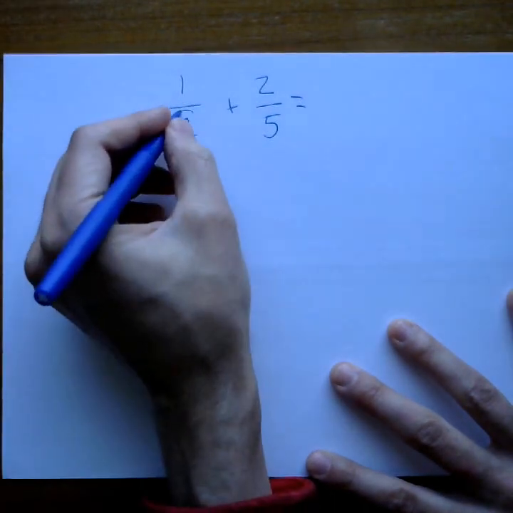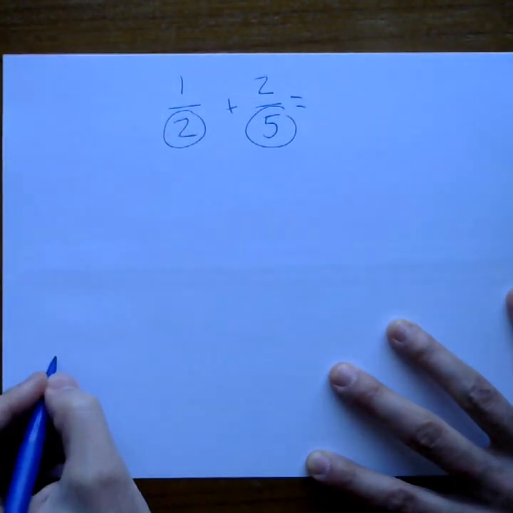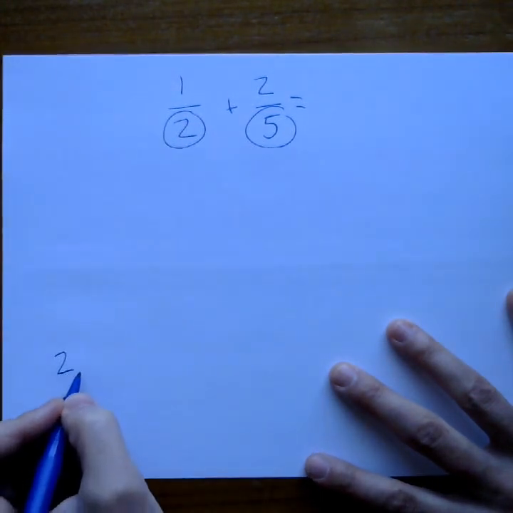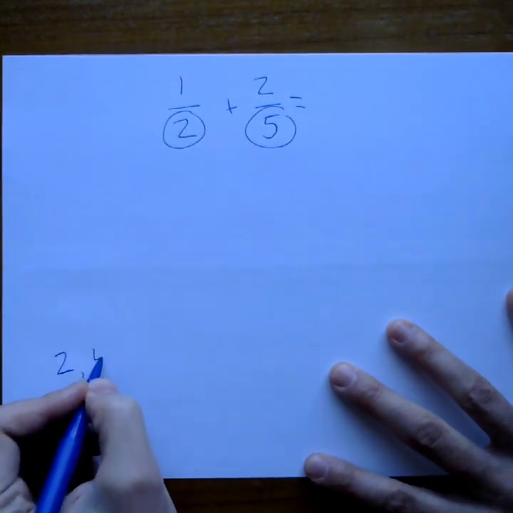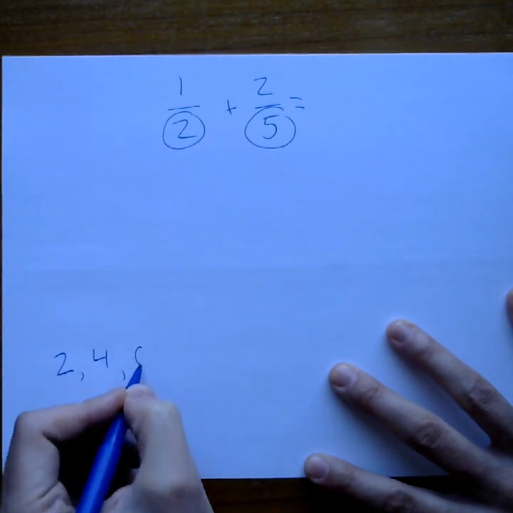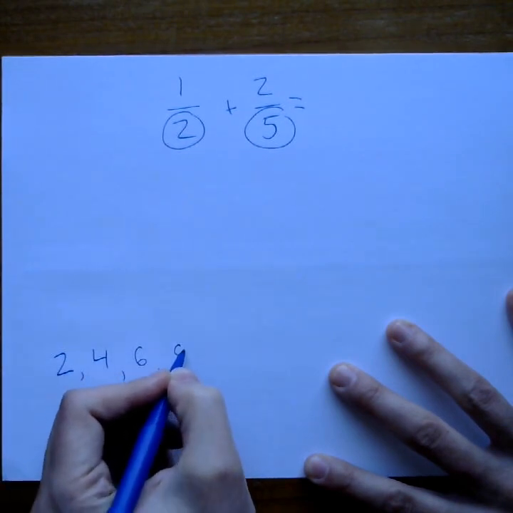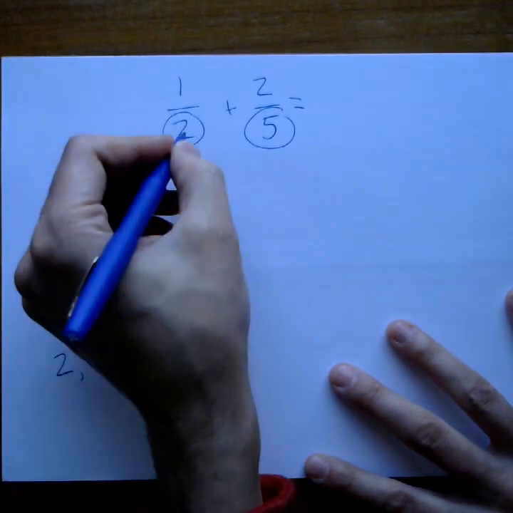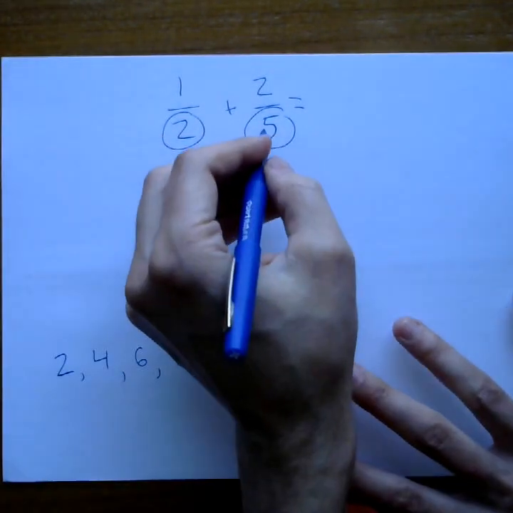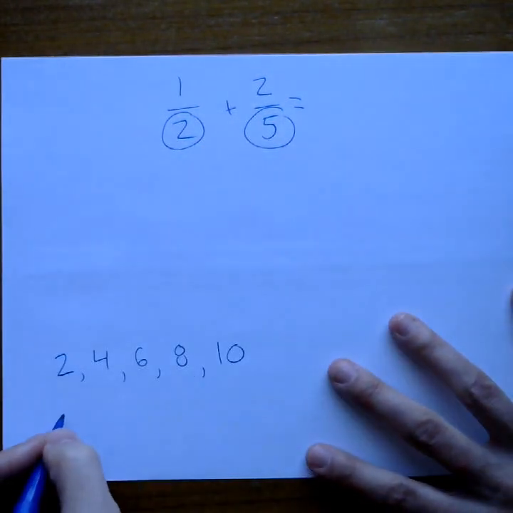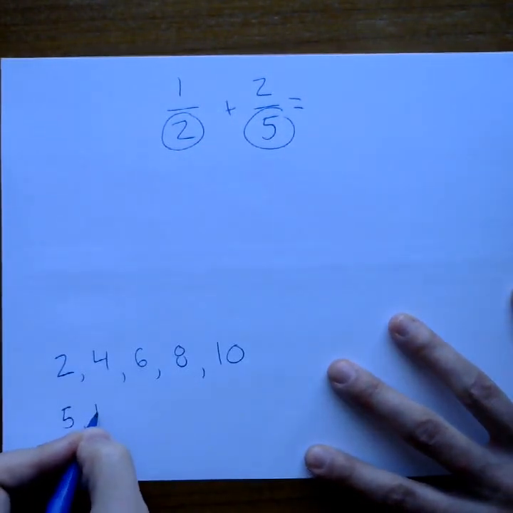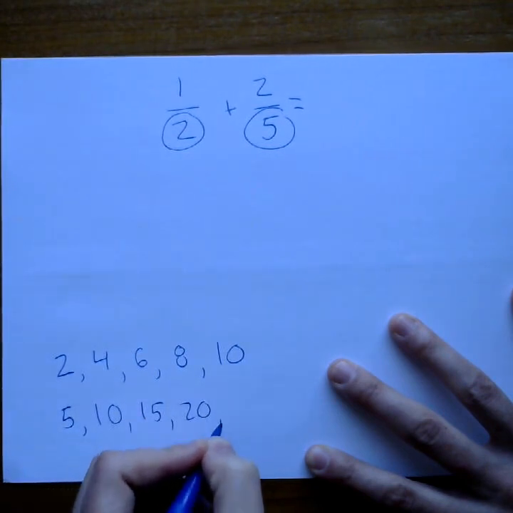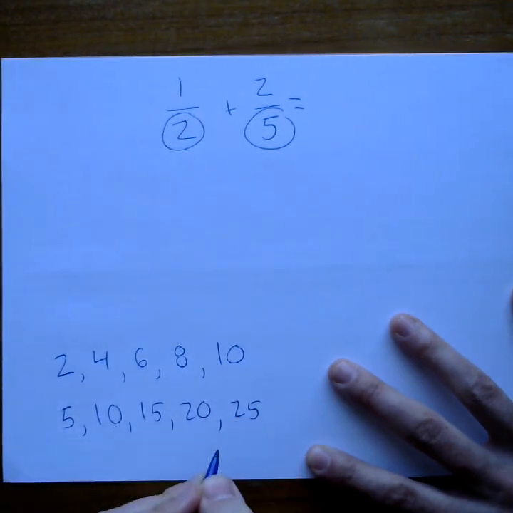The denominators here are 2 and 5. So I'm going to start with 2. 1/2 could be made into fourths, sixths, eighths, or tenths. Those are all the multiples of the denominator 2. So let's look at the denominator 5. 5 can be made into tenths, 15ths, 20ths, 25ths, and so on.